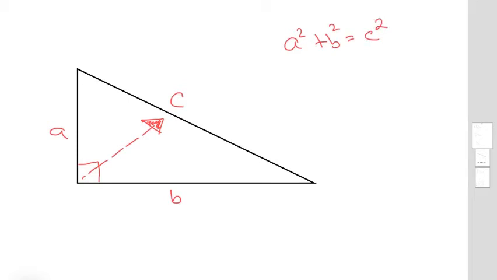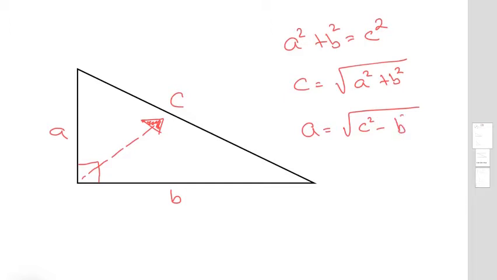Now, if you're looking for c, c is always going to be equal to whatever a squared plus b squared is. And if you're looking for a, and again, this can also be b, it is going to be c squared minus b squared. Oops, forgot to square that, where a and b can be switched.